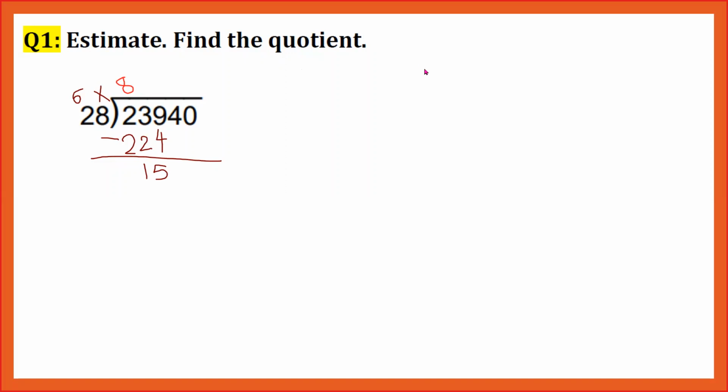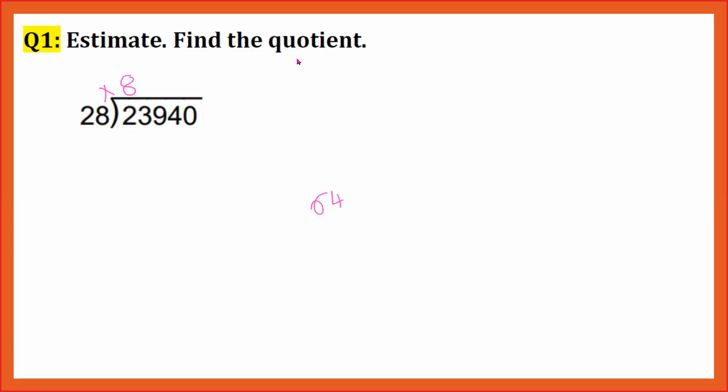Then what do you have to do next? From where did you bring the 4? Miss, 8 times 8. Please, girls, focus with me. 8 times 8 is 64. I will repeat it now. From the estimation, I said that the number I have to start with is 8. 8 times 8 is 64.